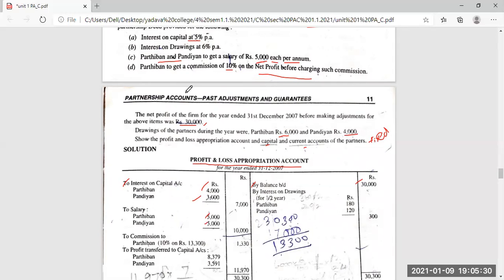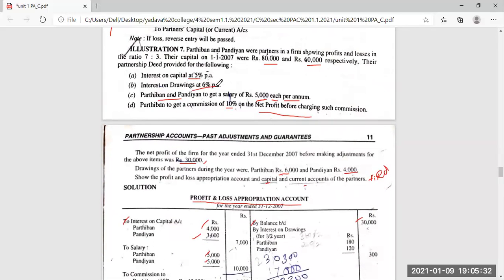Now we are moving on to interest on drawings. Already they have given the drawings amount: for Parthiban it is 6,000 and for Pandian it is 4,000.